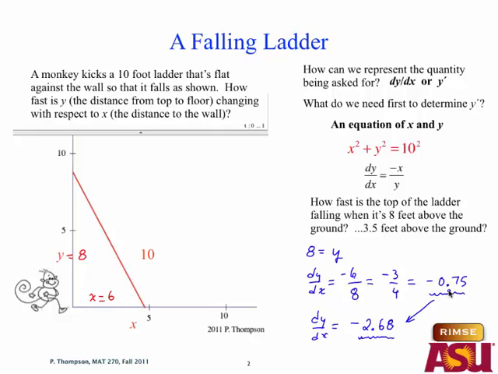Negative 2.68 with respect to x. First of all, you changed. I was asking about when y is 8. When y is 8, this was our rate of change. Nicholas, what do you think? What does that number, negative 0.75, mean?